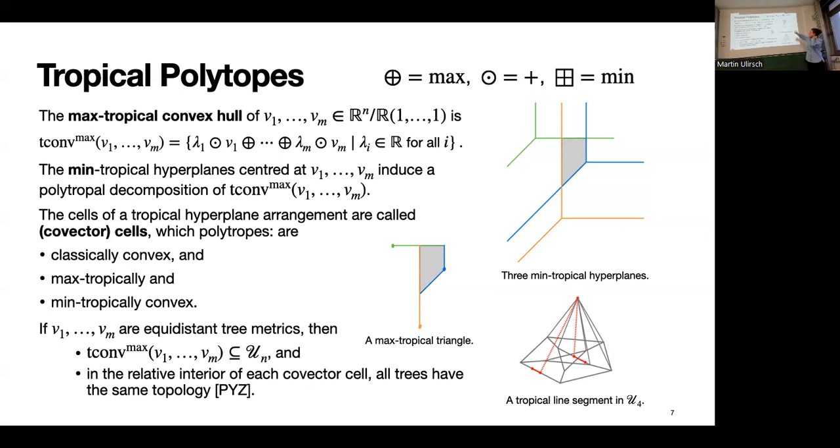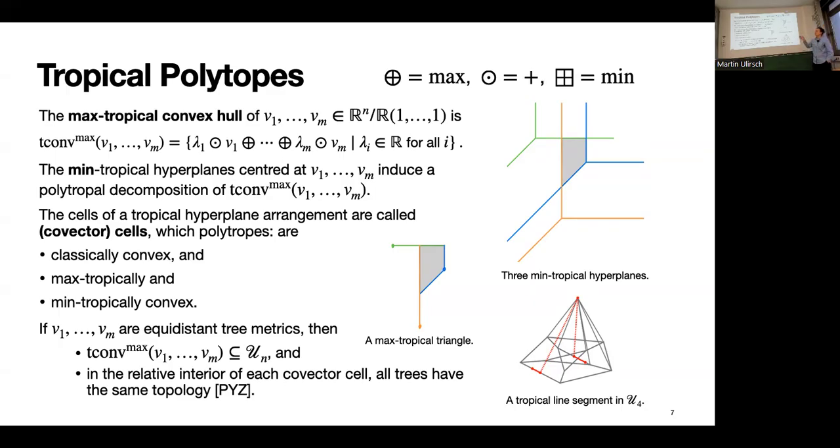So here's a picture: this is a max tropical triangle, and this is a min tropical hyperplane arrangement. The max tropical triangle consists of all the bounded regions of the min tropical arrangement.